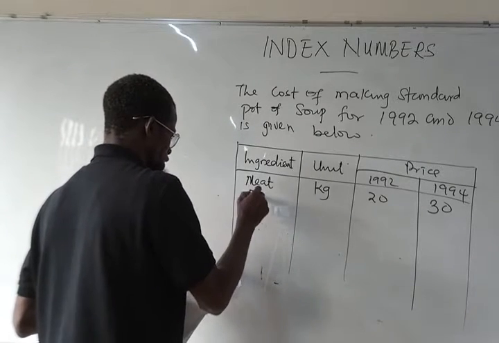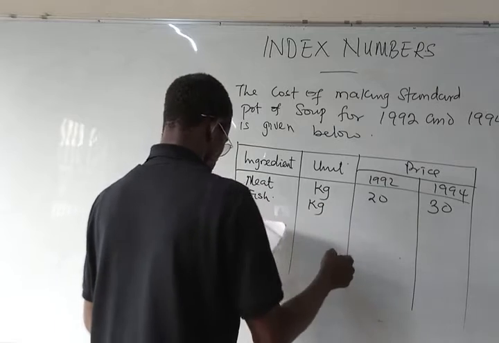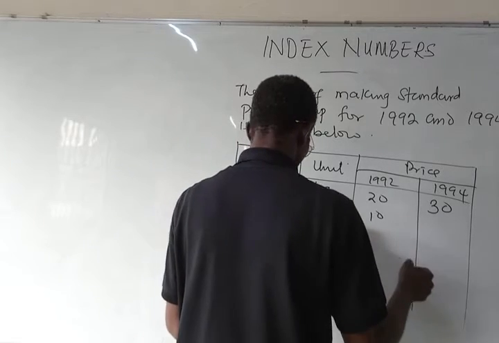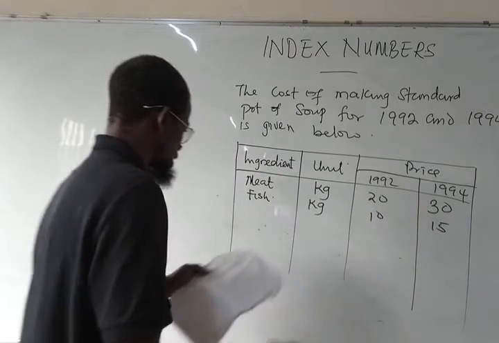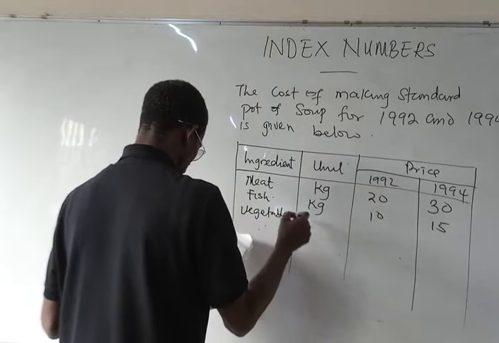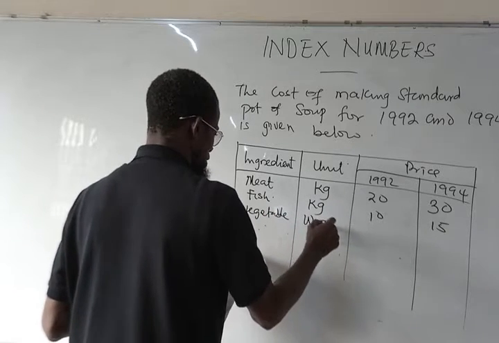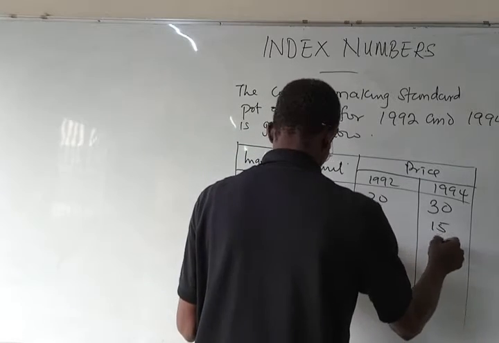The same thing, fish, in kilogram, is sold at the rate of 10 naira and this is 15 naira. Vegetable, we sell it in wraps and it's 2 naira, then this is 3 naira.